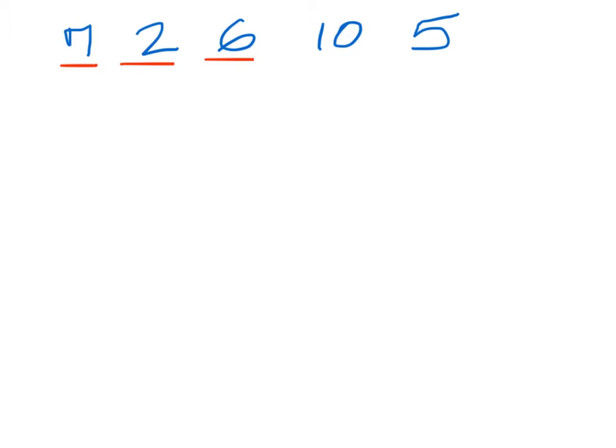List number 2 has the following numbers: 7, 2, 6, 10, and 5. And just like the last list, you have to find the mean first before you do the standard deviation. So we'll add those up to get 7, 9, 15, 25, and 30.